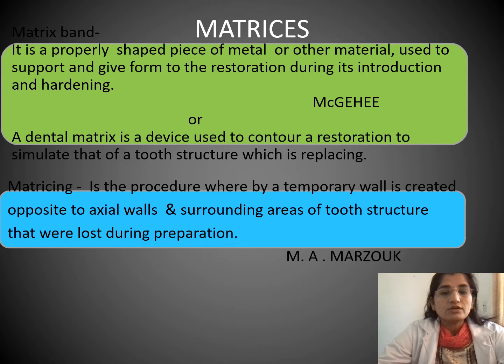Then coming to the definition of matricing as given by author M.A. Marzouk. Matricing is the procedure whereby a temporary wall is created opposite to the axial walls and surrounding areas of tooth structure that were lost during cavity preparation.